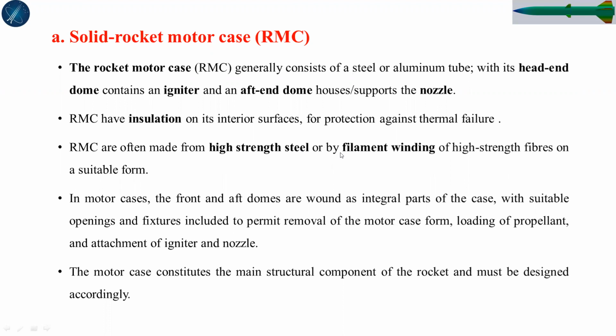Composite is made from high strength fiber in a suitable form of resin material, because composites are made from fiber and matrix material. So on an appropriate matrix, we use filament winding in order to get a low density material. In motor cases, the front and aft domes are wound as an integral part of the case.